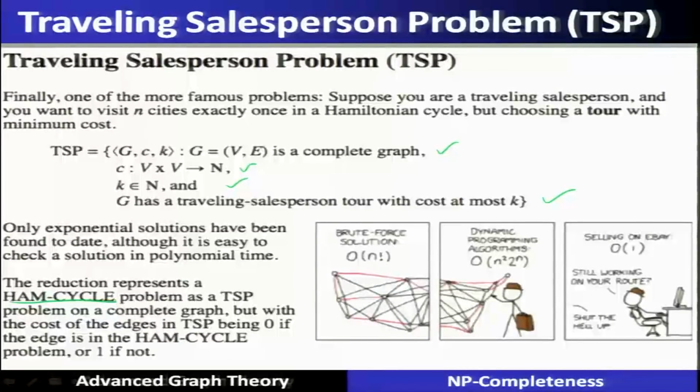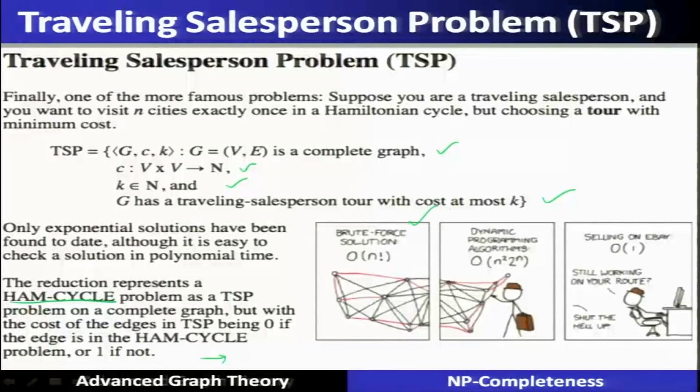So, we can see that we have reduced the Hamiltonian cycle problem to a traveling salesman problem, and we have proved that it is an NP complete problem.